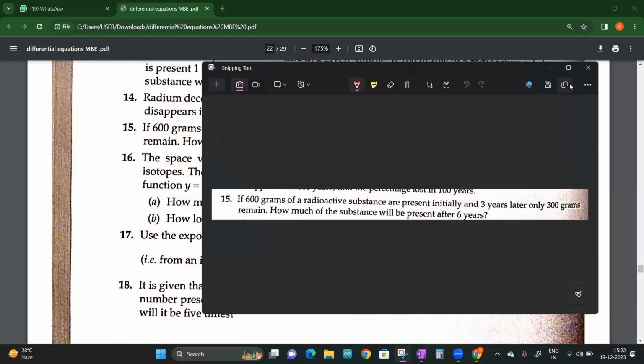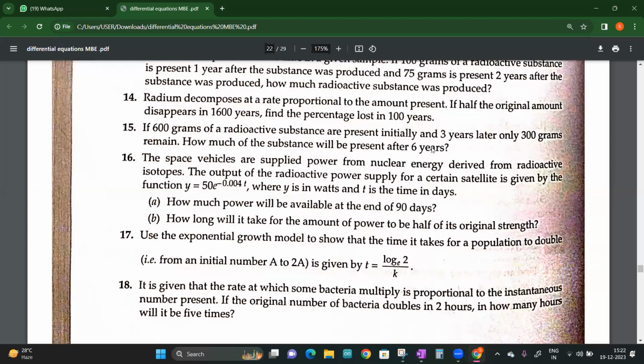He's asking for percentages. Calculate the percentage values of the overall substance.